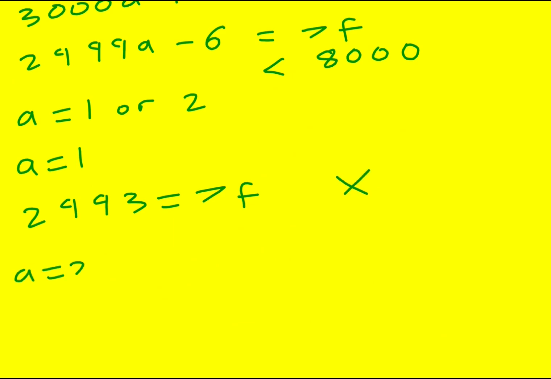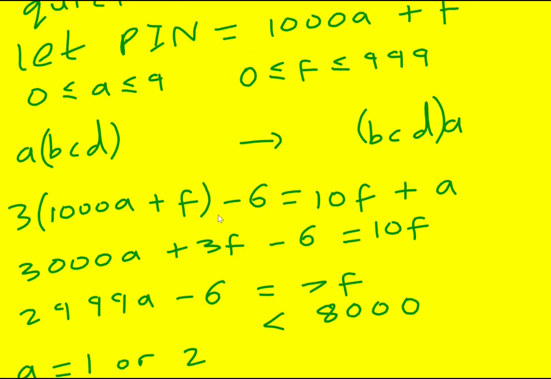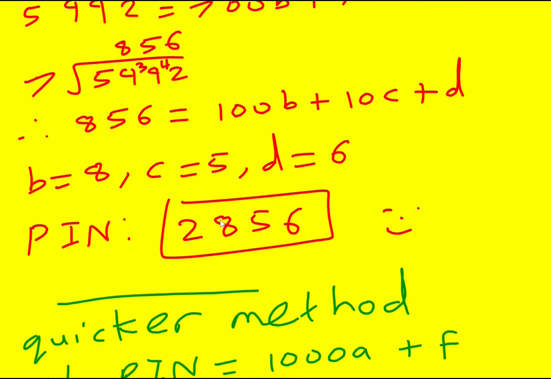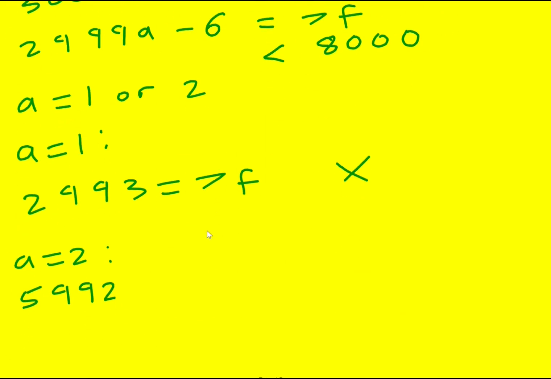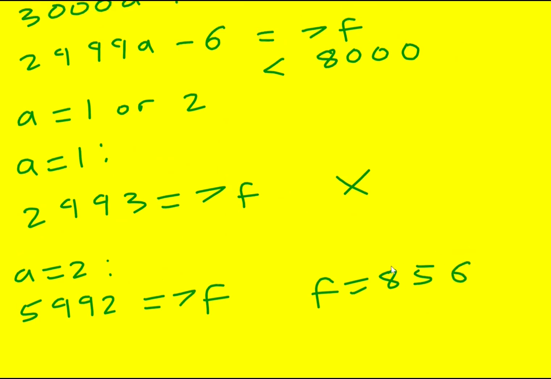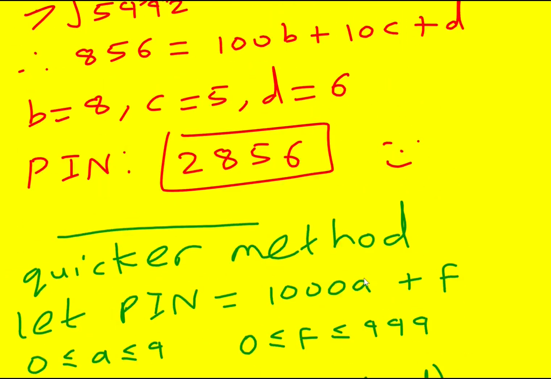And then a equals 2, which is going to give that 5998. And then we minus the 2 from it, if I remember correctly. Yeah, equals 7f. Now, if we do the division, we get f equals 856, and it works out in the same way.